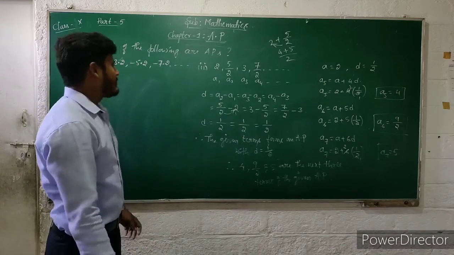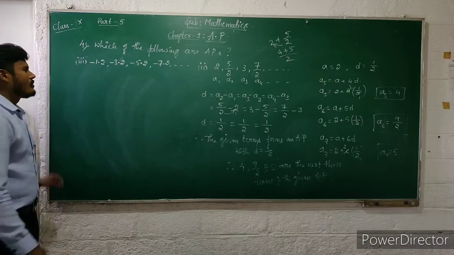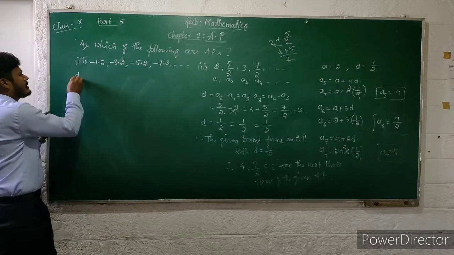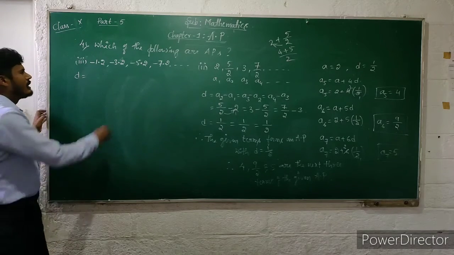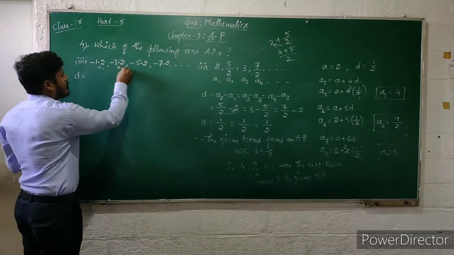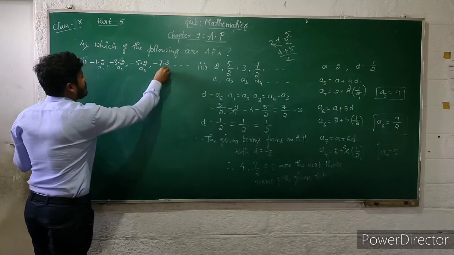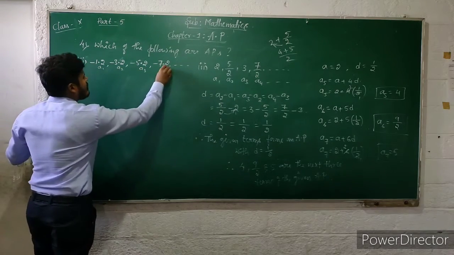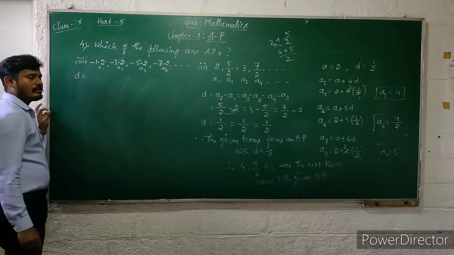So this is the third question. First you should find out the common difference here. Here A1, A2, A3 and A4 are the consecutive terms of the given sequence.